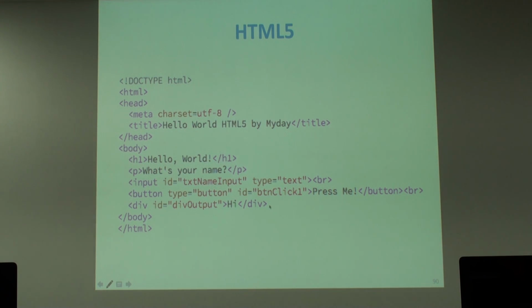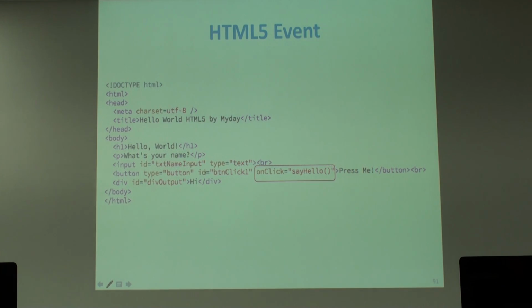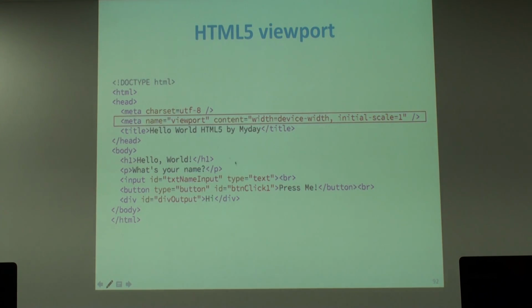The most important thing is there is an ID called btn click 1, and also a div element with ID div output, and you can add an event called onClick equals say hello. Say hello uses JavaScript to write the hello behavior.